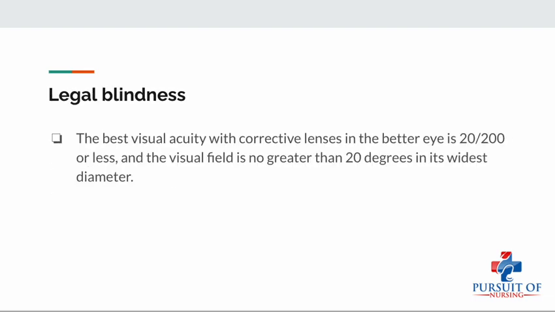correct these. So legal blindness is when the best visual acuity with corrective lenses in the better eye is 20/200 or less, and then the visual field is no greater than 20 degrees in its widest diameter. Those are the diagnostics for legal blindness.